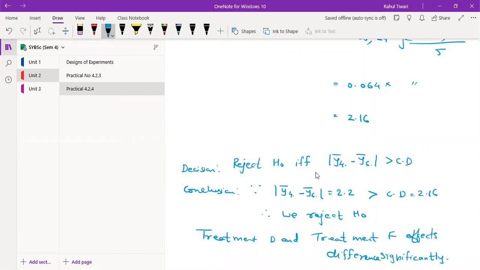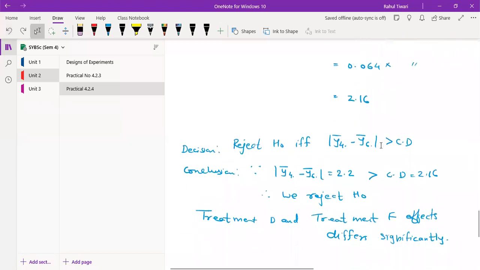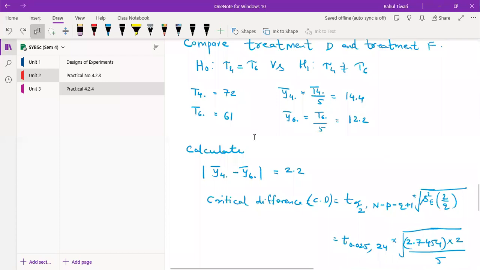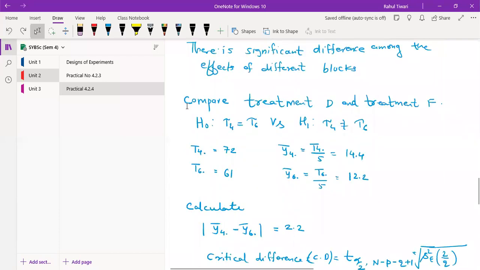So this is the way when you compare the two treatments. Okay, so that was the part which was remaining in this case.